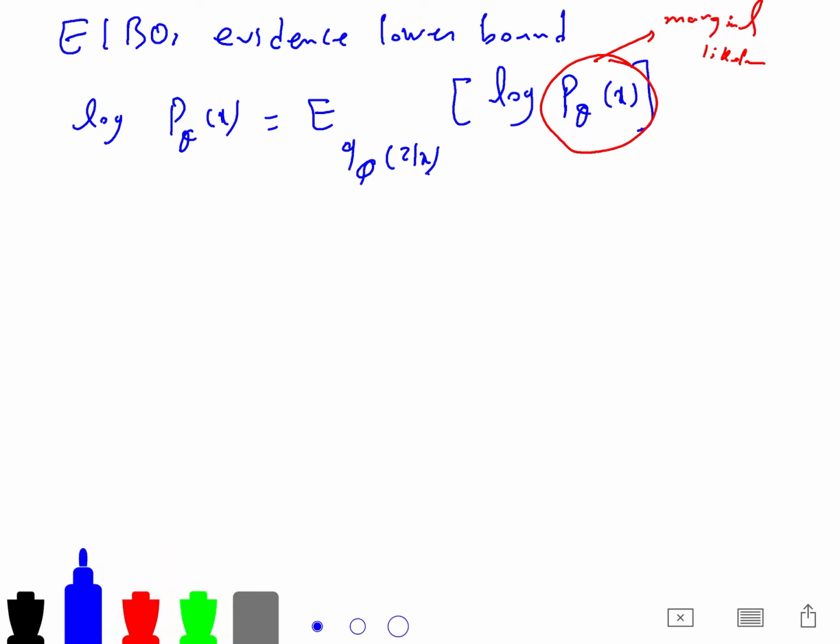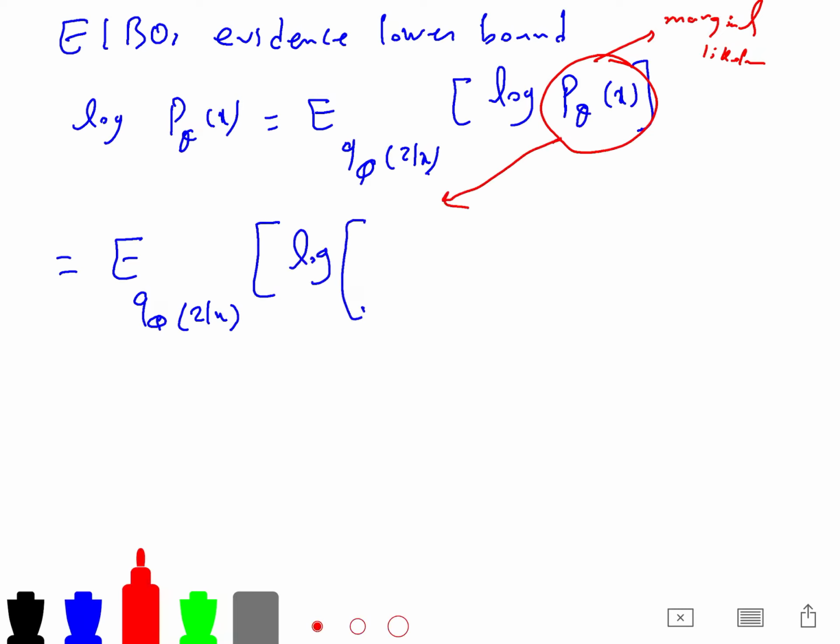So we want to know what is the log of p theta of x, and we just write it as expectation of q phi z given x of log of, instead of p theta of x, you can write p theta of x and z over p theta of z given x. So it's simple probability.